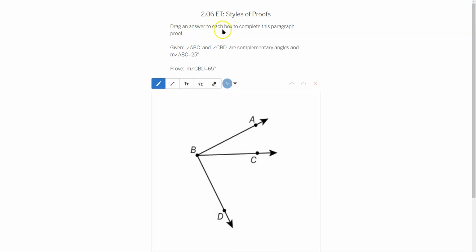Drag an answer to each box to complete this paragraph proof. Given angle ABC and angle CBD are complementary angles, and the measure of angle ABC is 25 degrees. Prove that the measure of angle CBD equals 65 degrees.